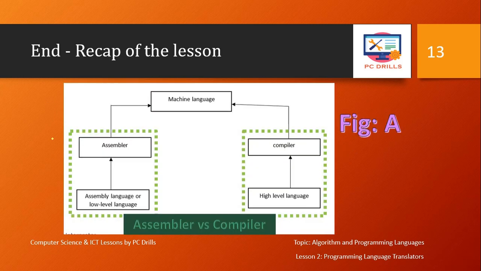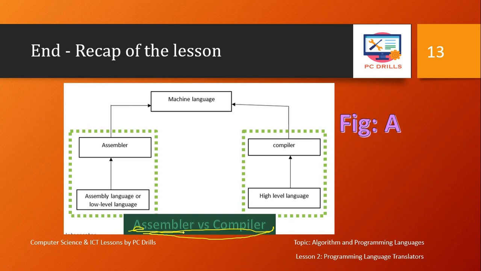So to recap, a round up of this particular lesson 2 that we are dealing with, which is programming language translators. For the first one here, we have assembly and assembler versus a compiler. The main difference between the assembler and a compiler is that an assembler deals with low-level programming language, and generally when we say low-level programming language, we mean assembly language.